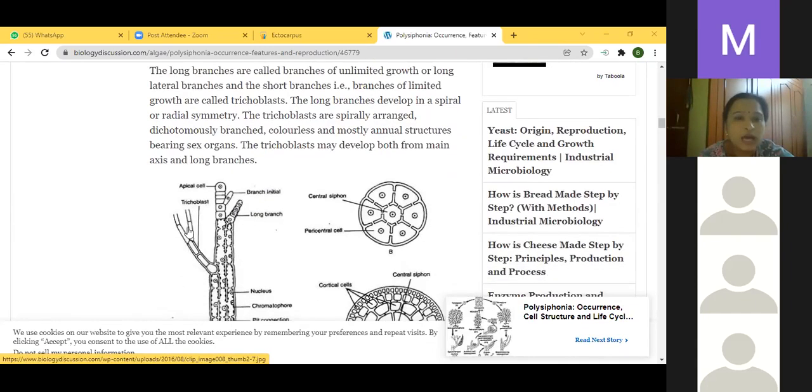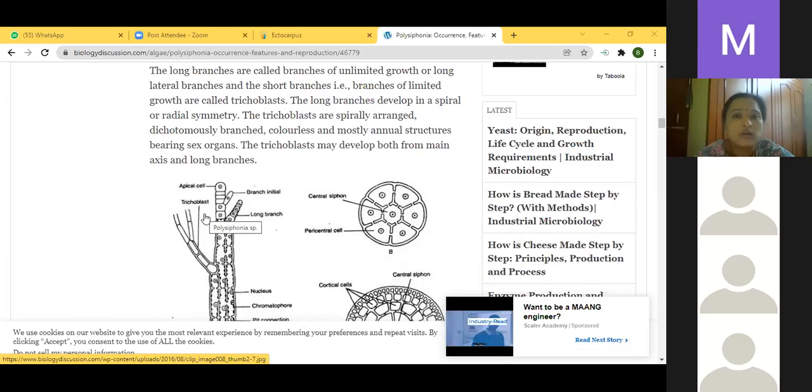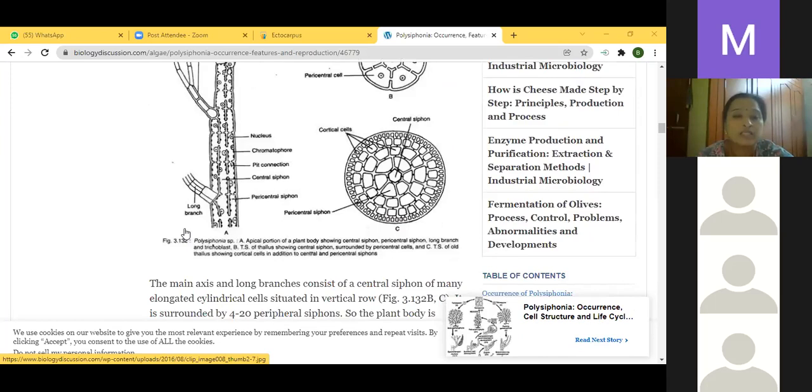This is the trichoblast, this part. These trichoblasts are always colorless, mostly annual structures bearing sex organs. The trichoblast may develop from the main axis and also from the long branches.